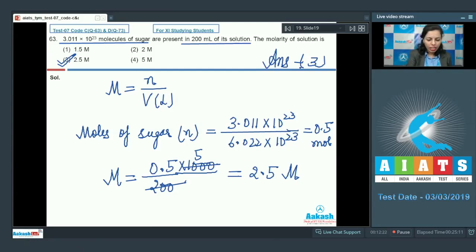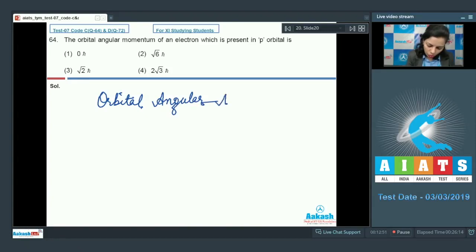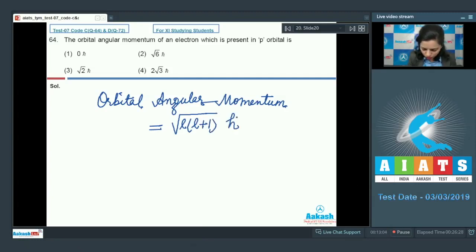After this, question number 64 we have. The orbital angular momentum of an electron which is present in p orbital is. Orbital angular momentum is equal to root l into l plus 1 h cross. So here, orbital angular momentum of an electron which is present in p orbital.